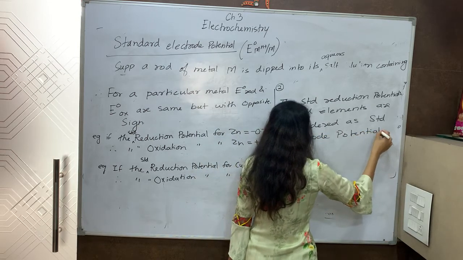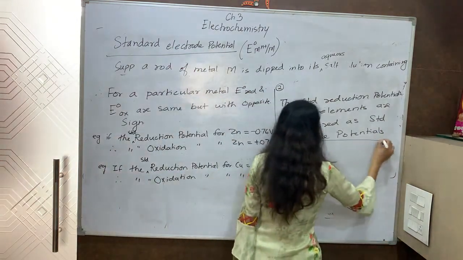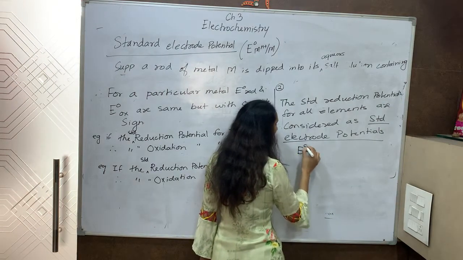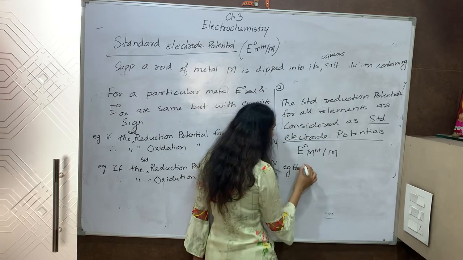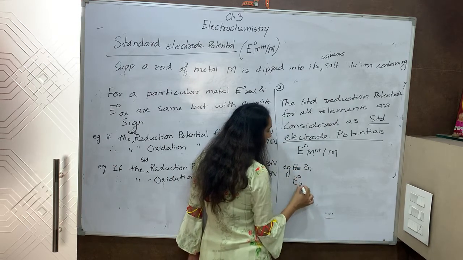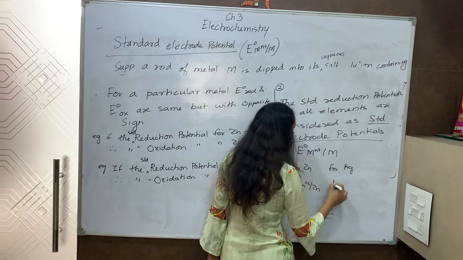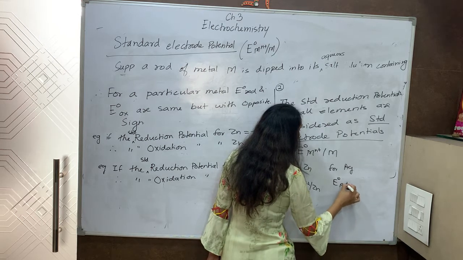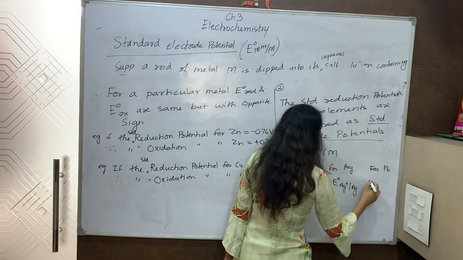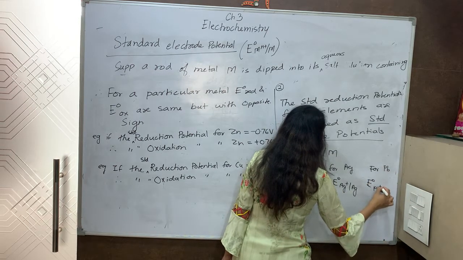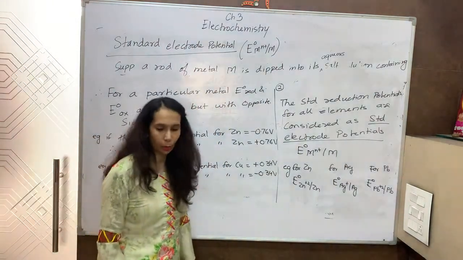The oxidation potential values are not considered, but the reduction potential values are considered as standard electrode potentials and represented by E naught M n positive slash M. For example, for zinc, it will be E naught Zn 2 plus slash Zn. For silver, it will be E naught Ag plus slash Ag. For lead, it will be E naught Pb 2 plus slash Pb. These are your standard electrode potentials.